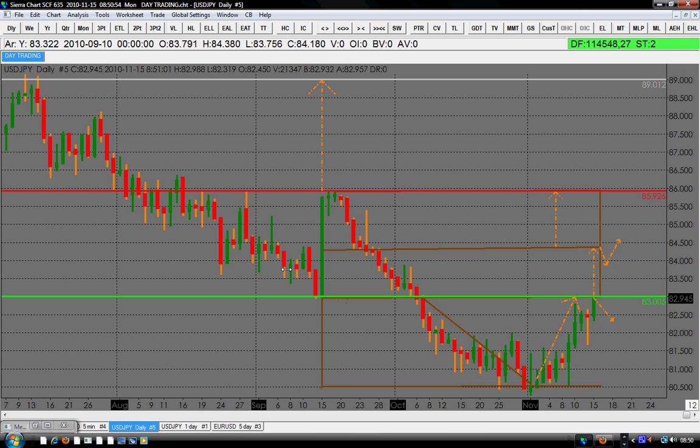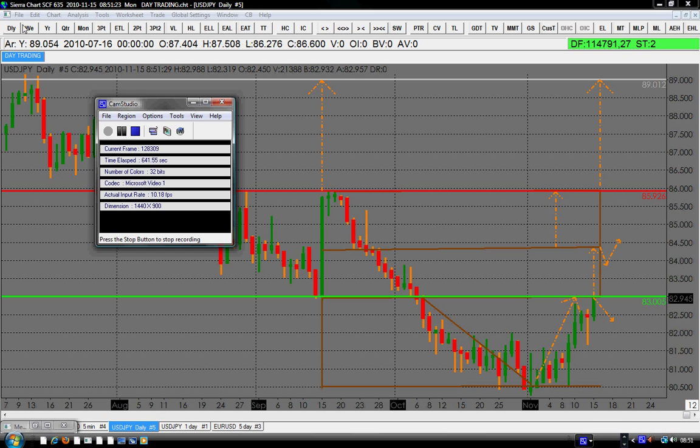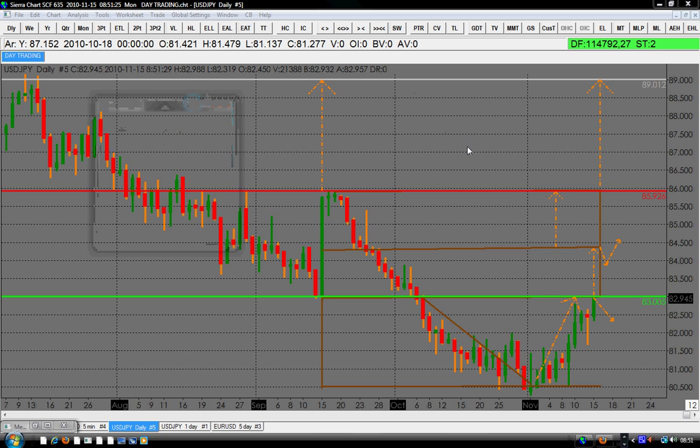If we succeed to cross this box successfully, breaking all the bears in this zone, we will continue the movement to break the next box, which is this one here. Okay, so pay attention carefully. The first box is this one, the second box is this one here, and the ultimate bullish zone is this. When the USD yen reaches this zone, it is extremely bullish, and we will observe the action carefully from there.